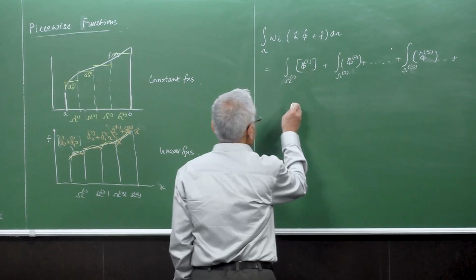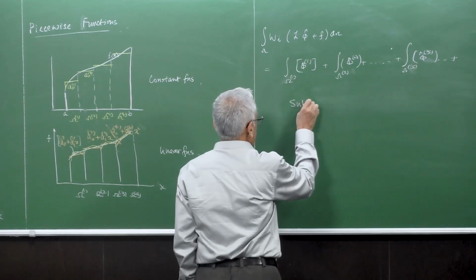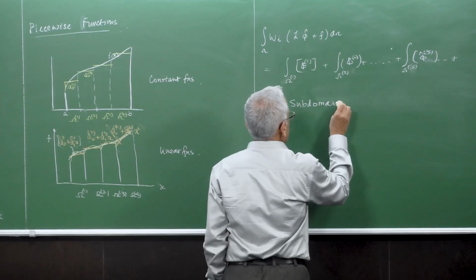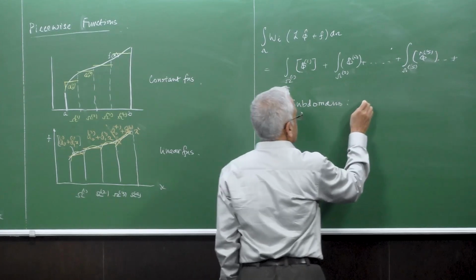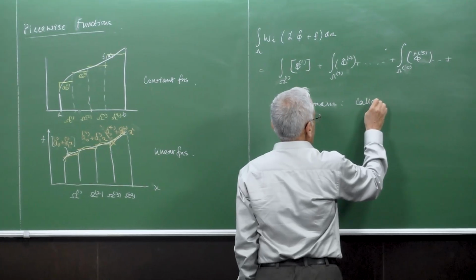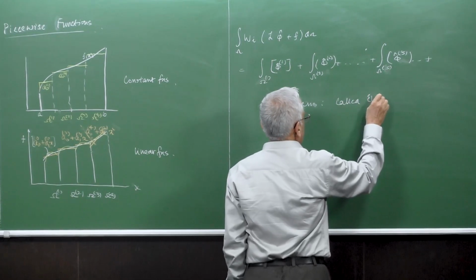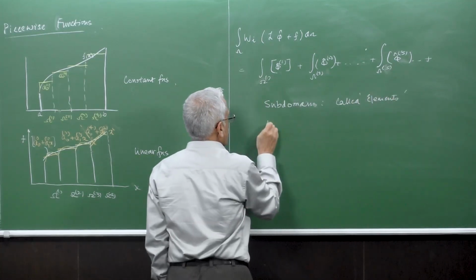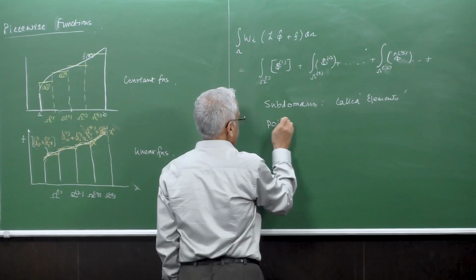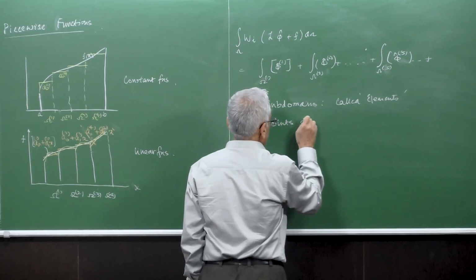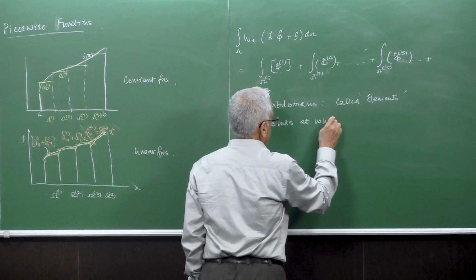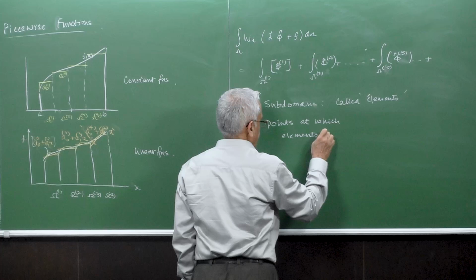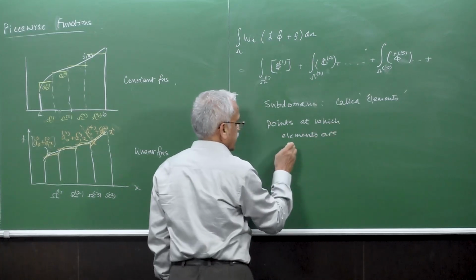So these subdomains are called elements, and the points at which elements are interconnected are called nodes.